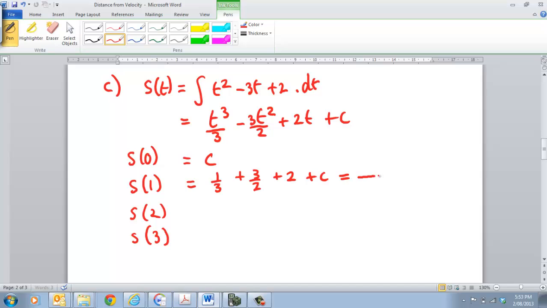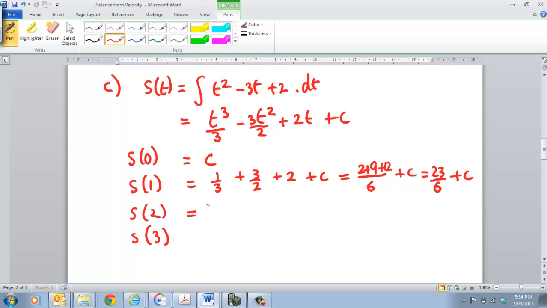The common factor there is going to be 6. So that's going to be 2, 3 times that's going to be plus 9, and to get 6 in there, it's going to be plus 12, plus c. So we could say that's equal to 23 on 6 plus c.